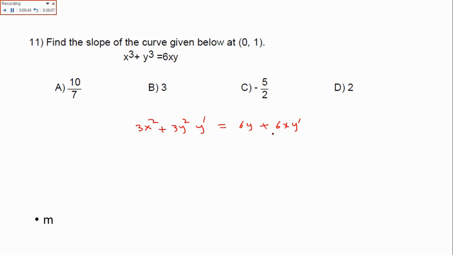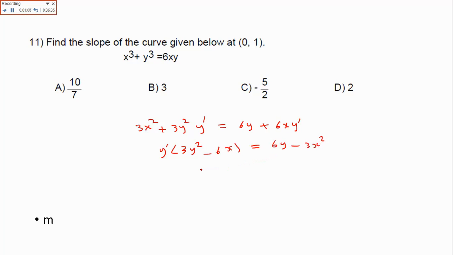Implicit. Now we have to take this y prime, collect it on the left, and put the x terms on the right. So we will have y prime times 3y squared, and then the 6x goes over here, it will be negative, so minus 6x, equal to 6y minus 3x squared.